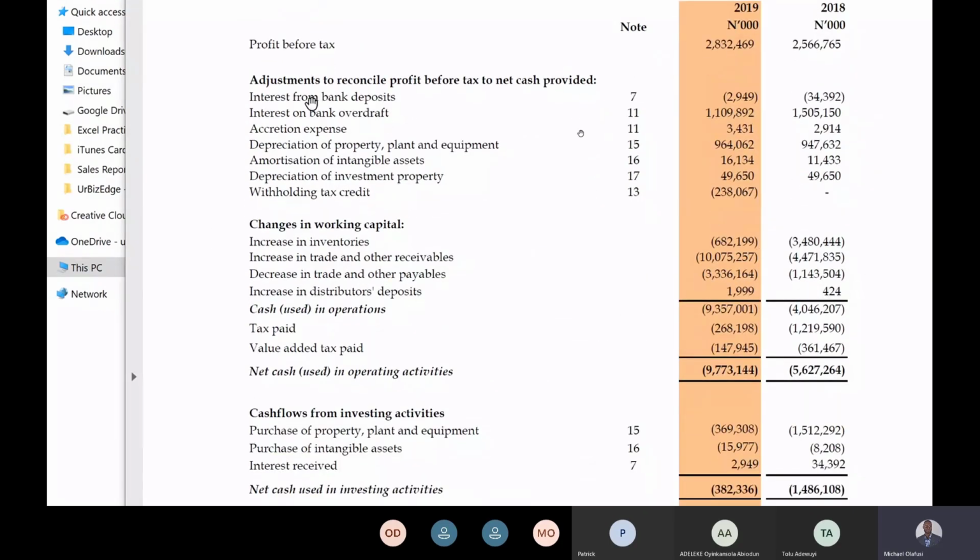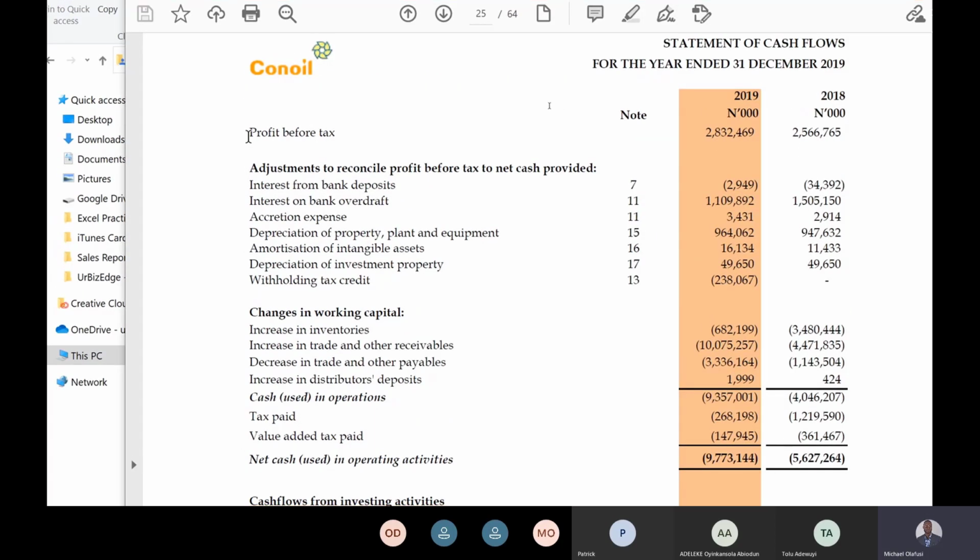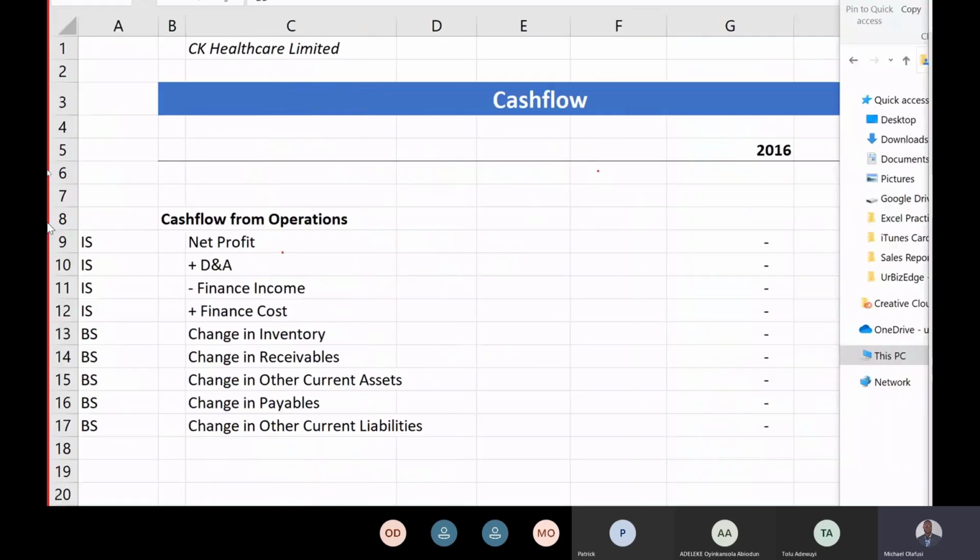So if you look at what you're seeing here, this is very similar to what we did: we brought in the profits, and then we took out depreciation and amortization. That's all of this, right? Then we take out interest related items, like interest expense, interest income. So anyway, we adjust for the things on the income statement.